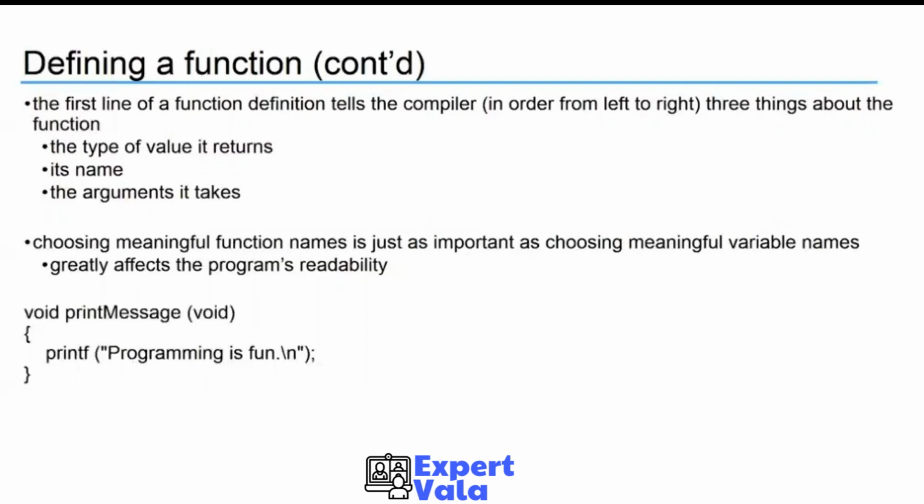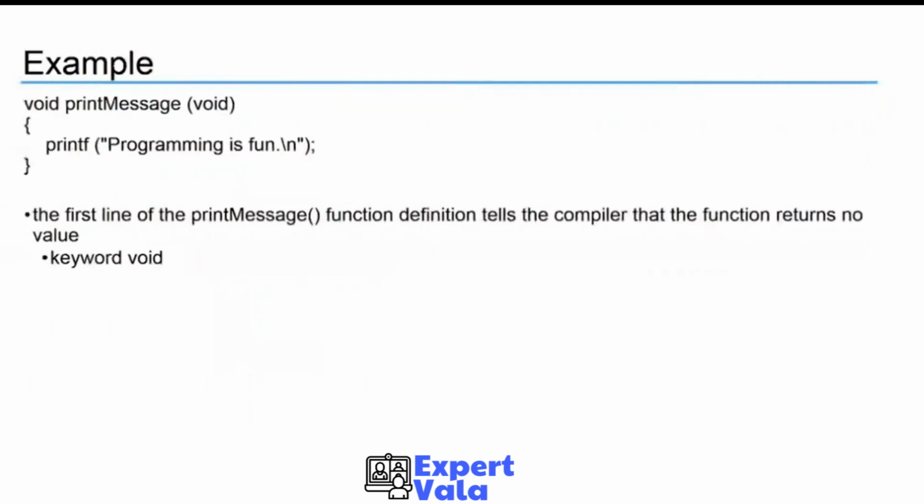This is a very simple function, it doesn't do much. It displays output. In this example, the first line of print message tells the compiler that the function returns no value. That's the keyword void. Again, don't need to focus on that, but that's what that's doing.